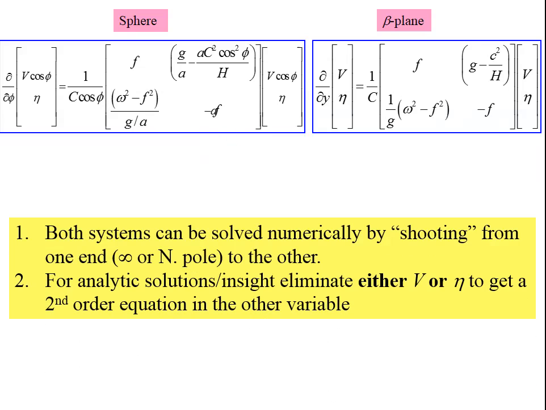But in order to understand what we're seeing and get some analytical insight into them, it is advantageous, and this is what has been done in all cases, to eliminate one of the 2 variables, v or eta, in both cases, and get a second-order equation for the other. So if we eliminate eta, we get a second-order equation for v, and vice versa.